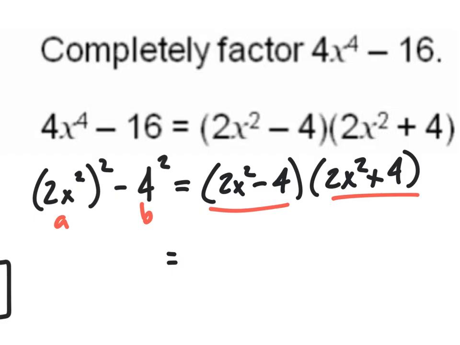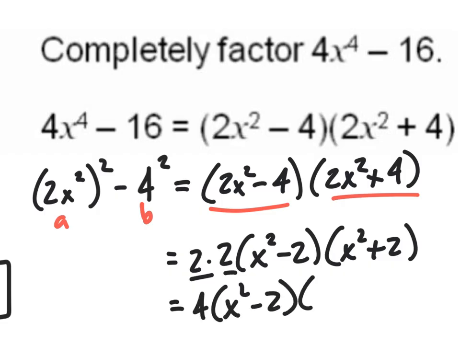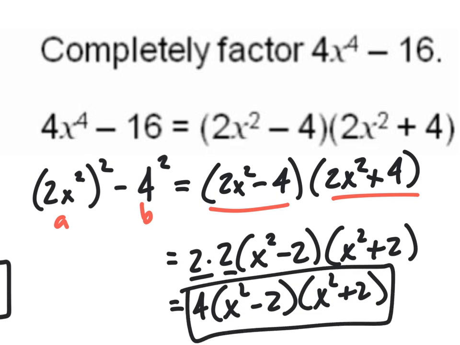So what I would then do is I would say 2 times 2 times x squared minus 2, and then this is x squared plus 2. And then 2 times 2 is just going to give you 4 times x squared minus 2 times x squared plus 2. And so that would be factored completely.